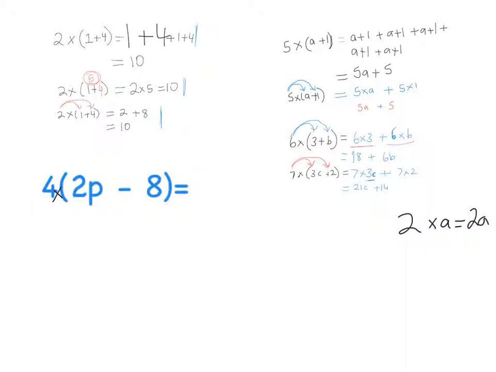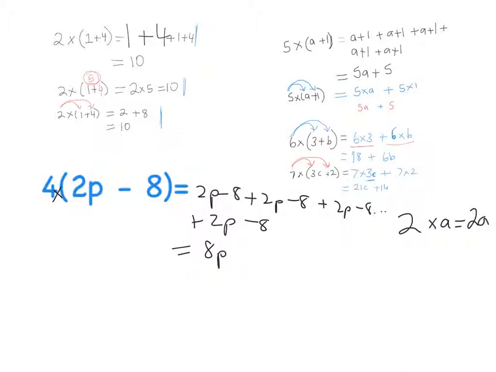Now, remember we could write that out as 2p take away 8, plus 2p take away 8, plus 2p take away 8, and we could do that 4 times. So we've got 2p plus 2p plus 2p plus 2p, which is 8p.